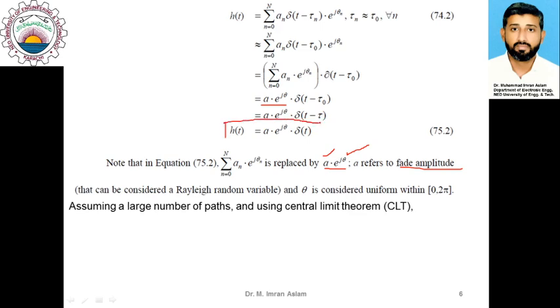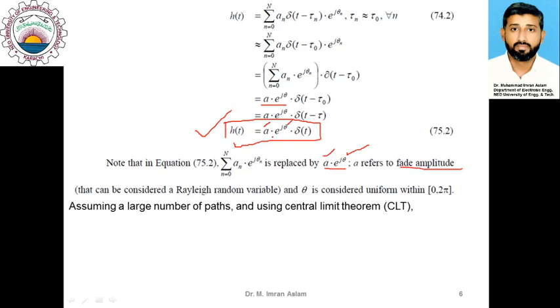So this can be simplified in the following manner. Delta ht can be represented as having some amplitude and some phase associated with it, and of course there is no specific delay associated with individual components as compared to the signal duration, so we can ignore that. So this is the overall impulse response.